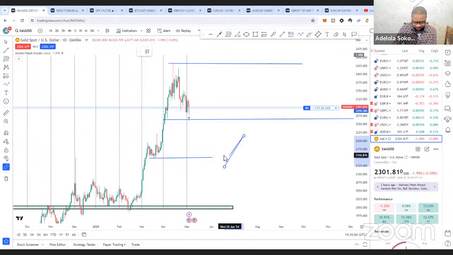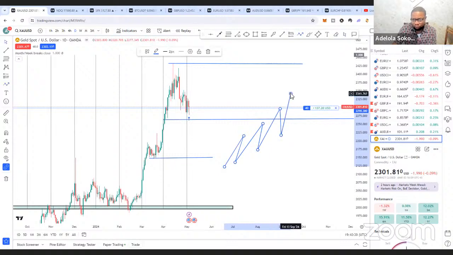So after each break of structure, price will pull back towards the previous low to create another low, which is a higher low. And then it breaks this previous high to create a new high, known as a higher high. And so you always have something that looks like this.